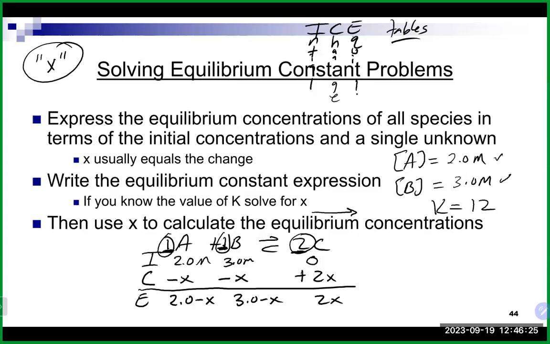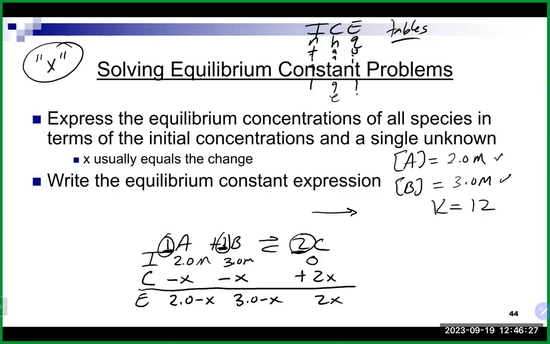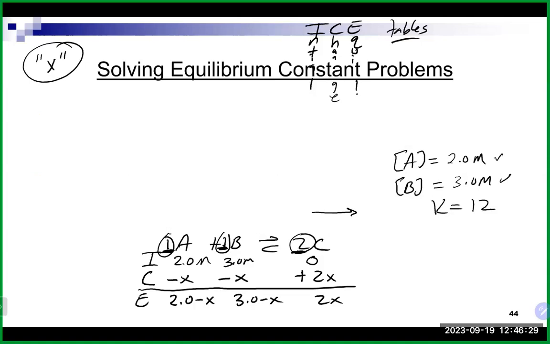Now, what we do with it at this point is put it into the equilibrium expression. So we could write the equilibrium expression for my made-up example here. In my made-up example, this would be the concentration of C, and I would have to square it, right? Divided by the concentration of A times the concentration of B. We would need to take into account our coefficients there as well. And this would equal 12, right?